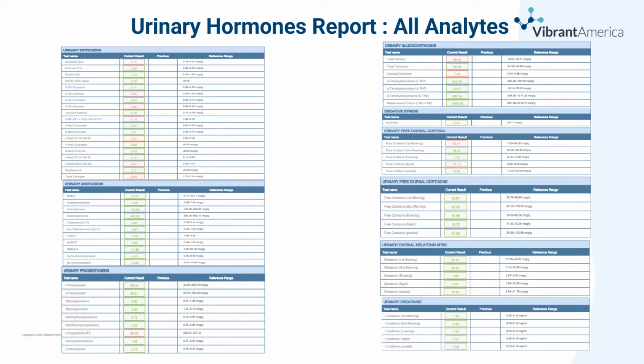Interpretation of glucocorticoids is one of the more complex aspects of urinary hormone test interpretation, but all of these analytes provide the key to understanding the impact of cortisol and its metabolites on the metabolic and physiological state of your patient.